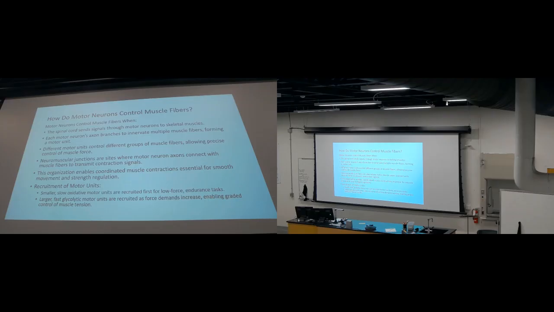This helps in case you're not doing something that demands a lot of force, like an endurance task. And then later on, you will recruit the larger motor units, which are fast glycolytic motor units, as the force demand increases. And then you enable graded control of the muscle tension.